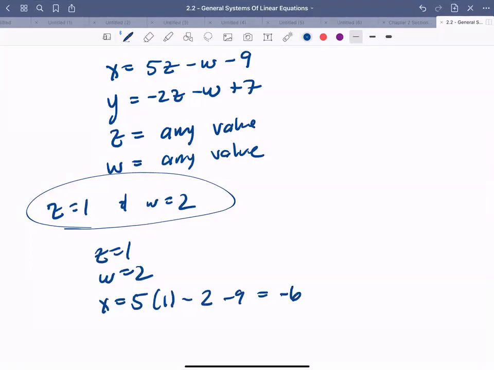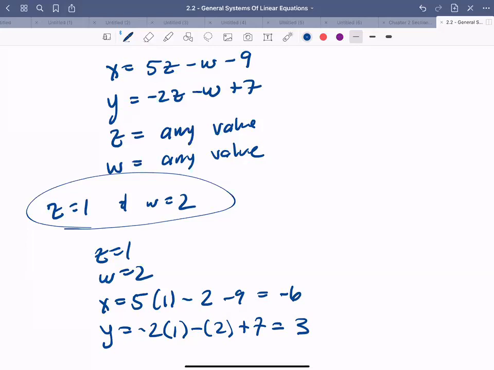So in this case, X is negative 6. Next, I have Y. And Y is negative 2 times Z, which is 1, minus W, which is 2, and then plus 7. And this math gives you 3. So the answer is Z is 1, W is 2, X is negative 6, and Y is 3. This would be your solution.